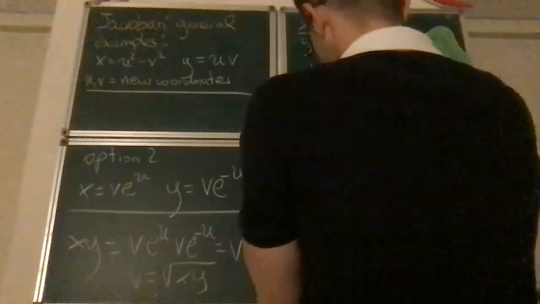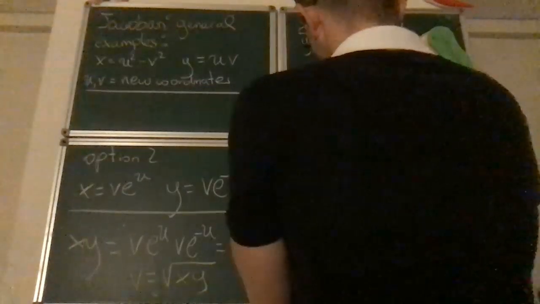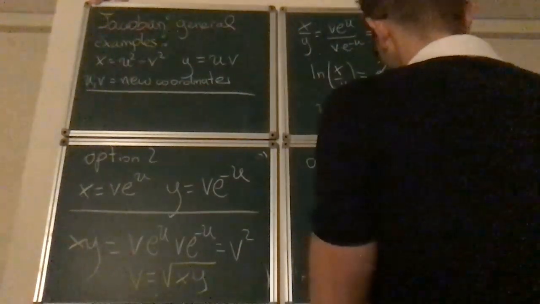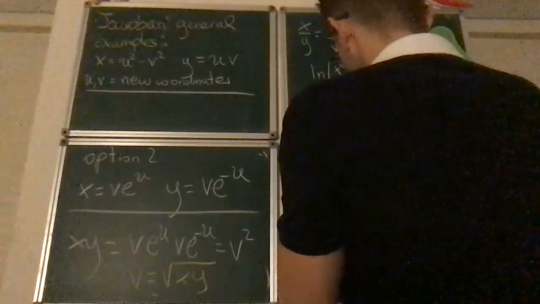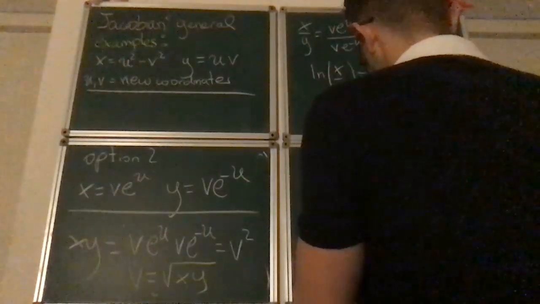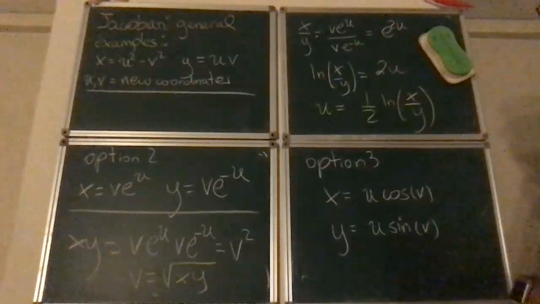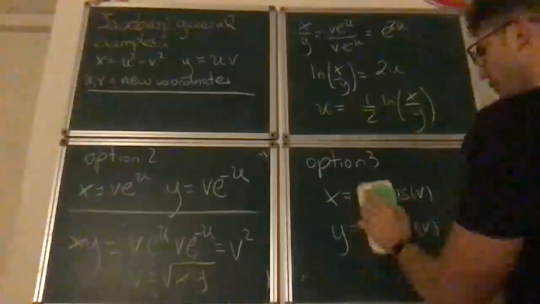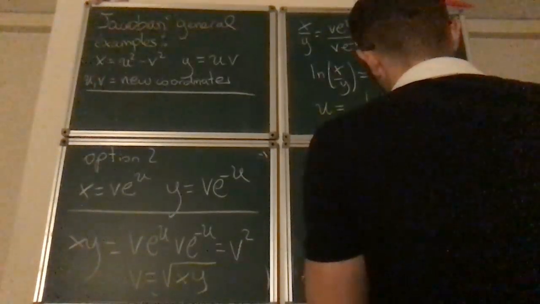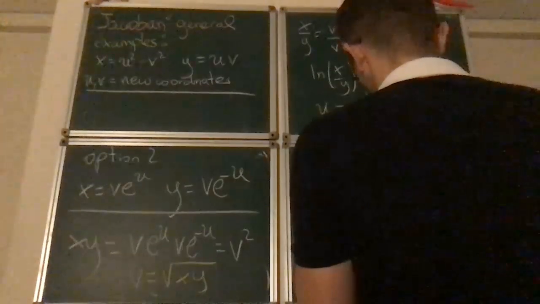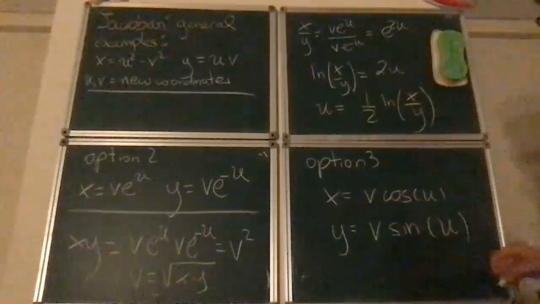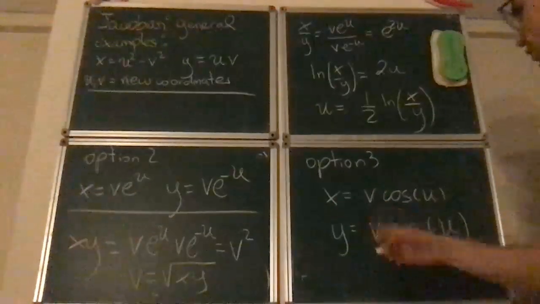Option 3 that you could write would be x equals u cosine of v, and y equals u sine of v. It doesn't matter which one you call v and u.